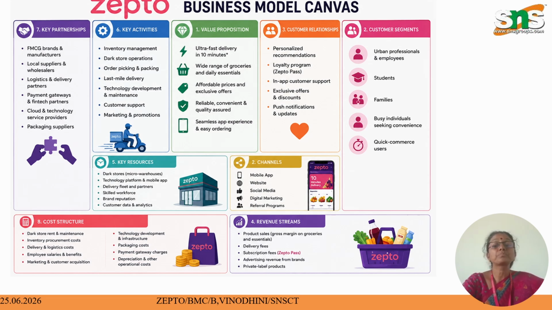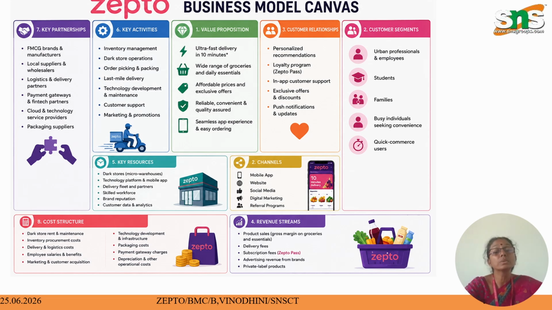Next, what are the revenue streams? The revenue streams are product sales and delivery fees, along with subscription fees and private label products. These are the revenue streams of Zepto. Next, and very important, are the key resources.